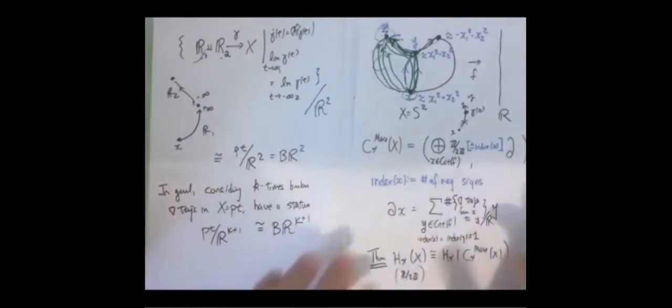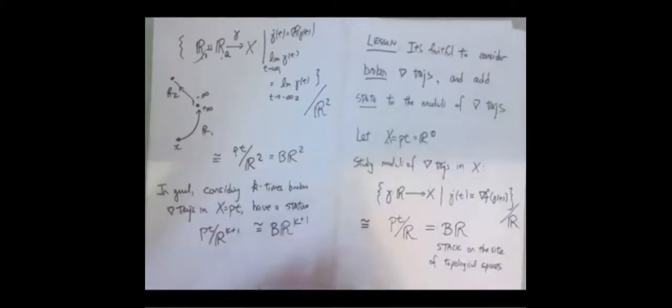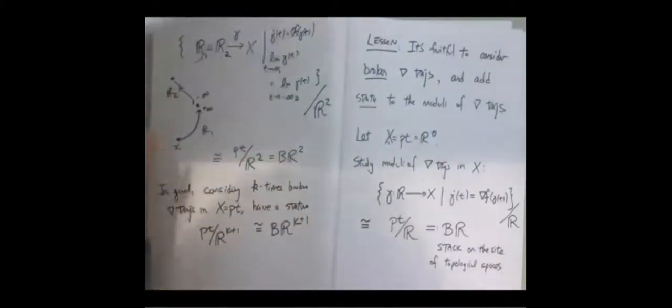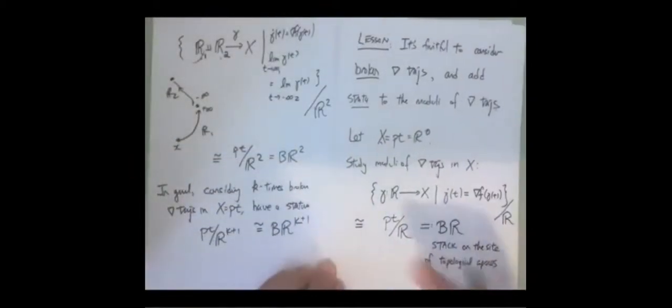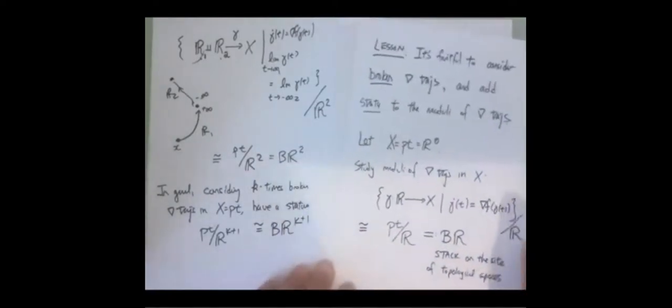And so whatever we mean by learning this lesson of adding all the broken gradient trajectories to get an interesting space, if I apply that to a point, I get some interesting stack that looks like it's made of strata BR to the k for every k. And so this is going to be the central player in today's talk.